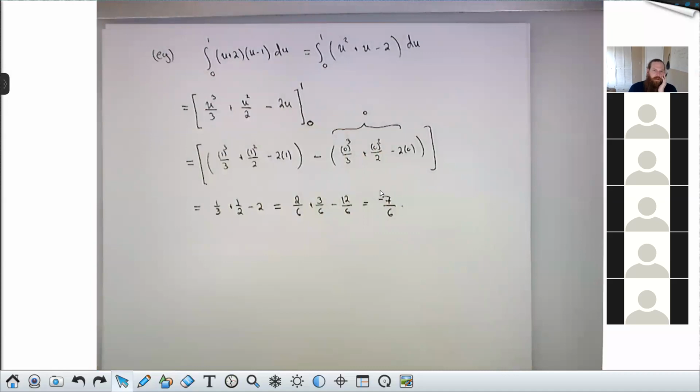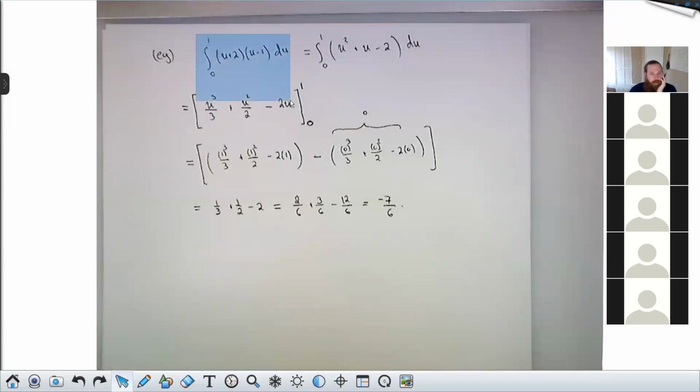I'd like to ask another kind of concept question here. Since this integral came out negative, between 0 and 1, does this function spend more time above the x-axis or below the x-axis? Yeah, it spends more time below, right?